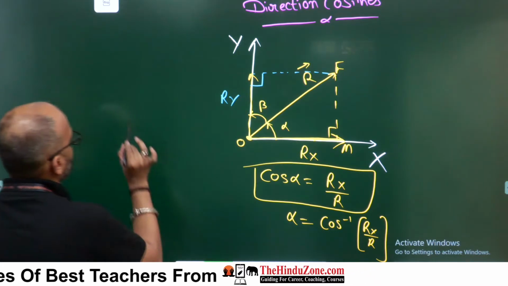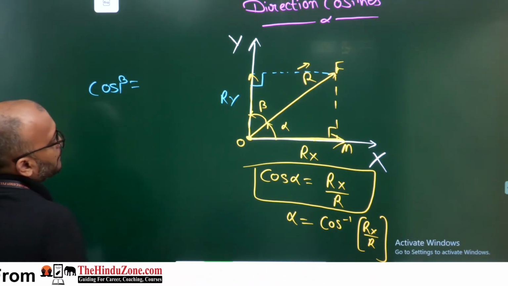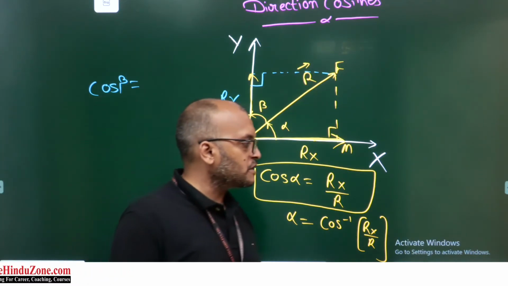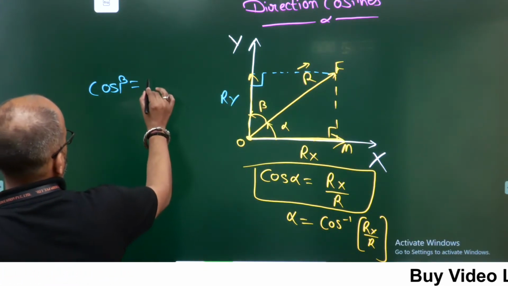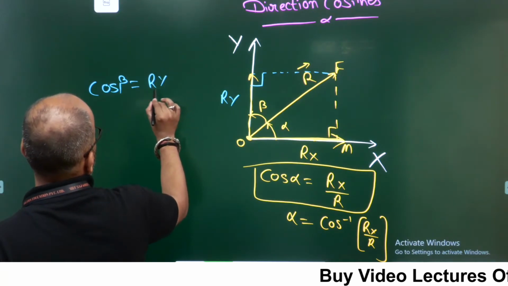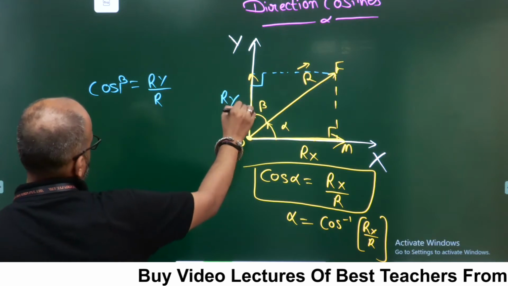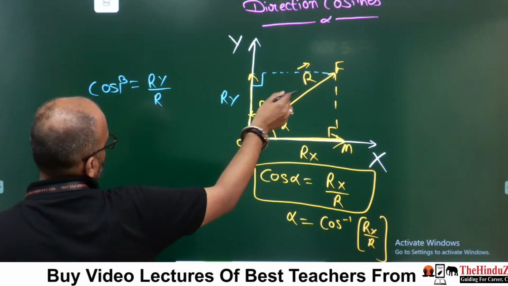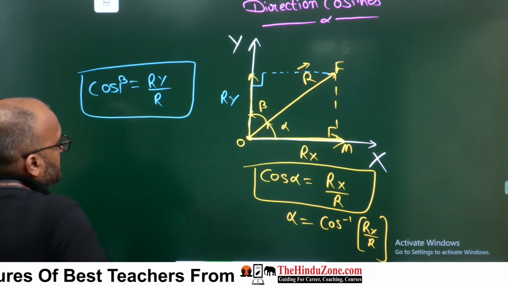Now pay attention. What will be cos beta? Ry by R. Very good. Ry upon R, because now this is the base and this is hypotenuse.